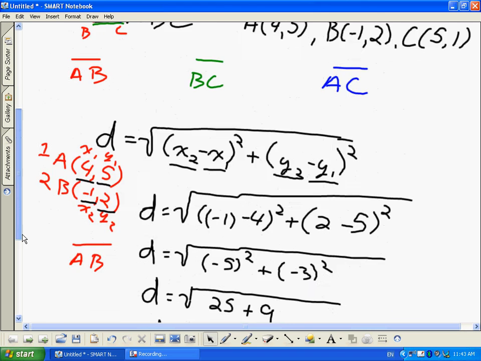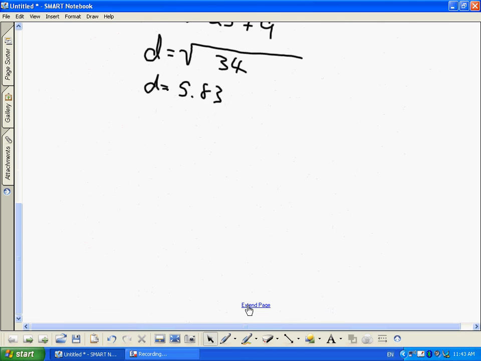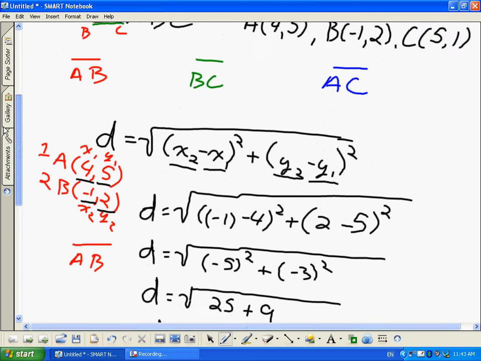Okay? Next one I'm going to work with is BC. So I'm going to go down a little. Line segment BC. Once again, I'm going to write the coordinates close, so it's very easy to plug them in.